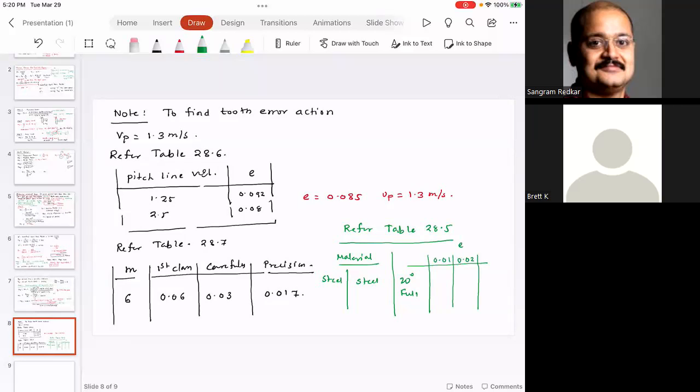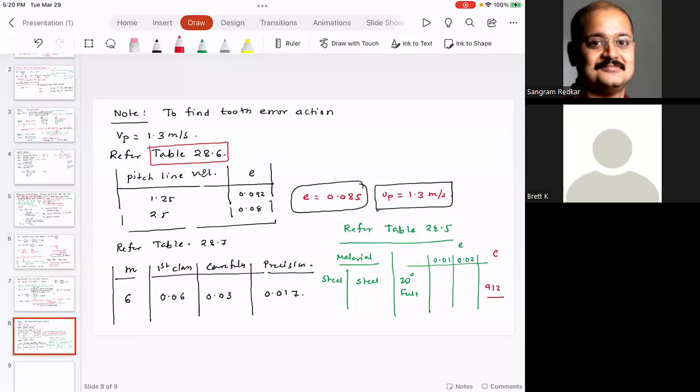So as you can see, what I have done is I have selected, please note, this is a selection. I have selected 0.085 because my pitch line velocity in this particular problem is 1.3, and I used table 28.6. So my error action is 0.08. For this 0.08 error action, steel to steel, I would say the value of C is 912.